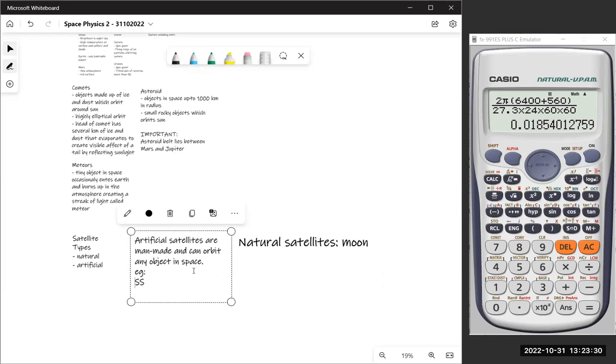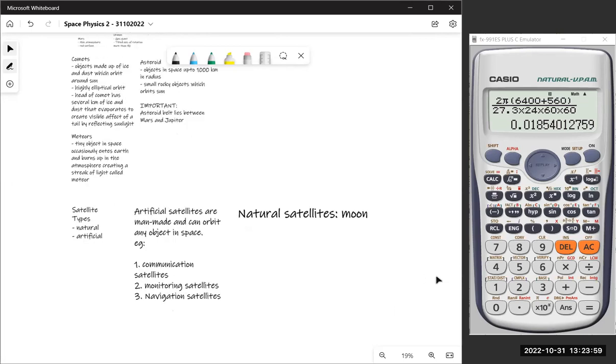But instead of ISS, I would prefer if you write communication satellites, monitoring satellites, navigational satellites. We'll read about all of these afterwards. Communication, monitoring, navigation.